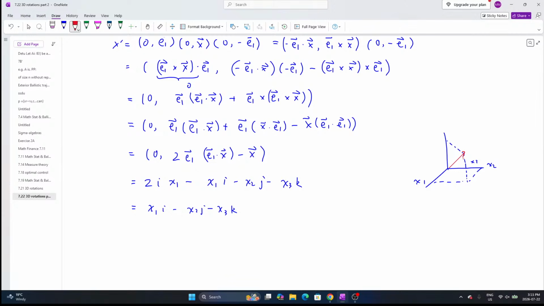Sorry, no, that's nonsense. x1 stays the same and 2 and 3 get reversed. So that's a 180-degree turn with respect to the x-axis. Now it's clear. This is the original, and now the x3 and x2 signs get flipped, while x1 stays constant. That's the new vector here.